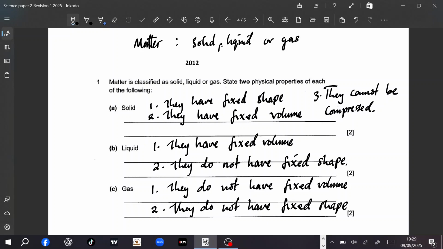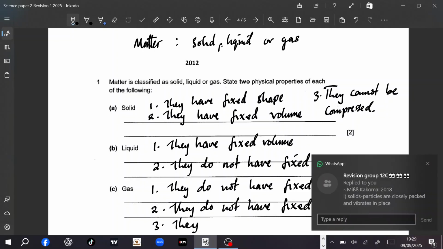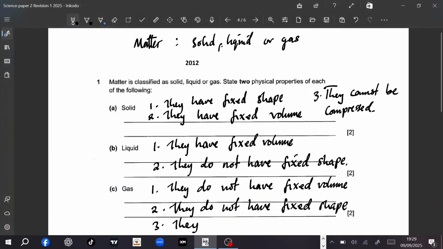You can also say that they are compressible. These can be compressed, meaning that we can compress them. An example for a process involving compressing gases is when we pump air in a tire for a car or a bicycle or a balloon.